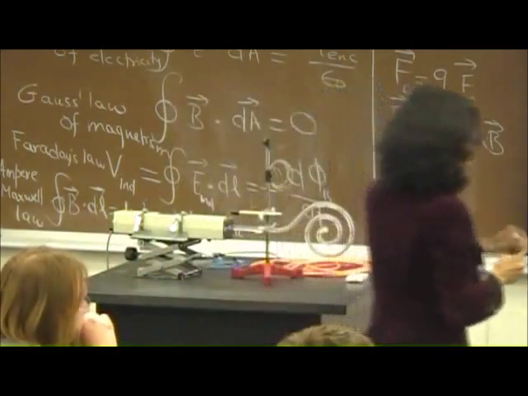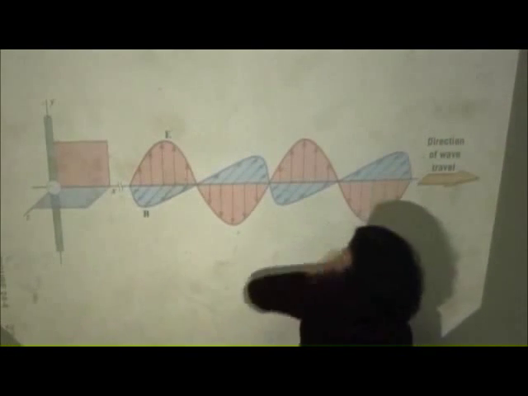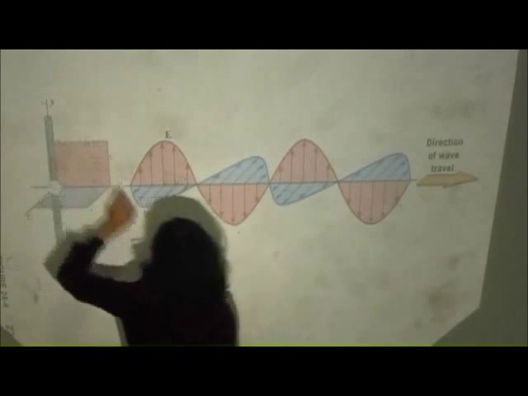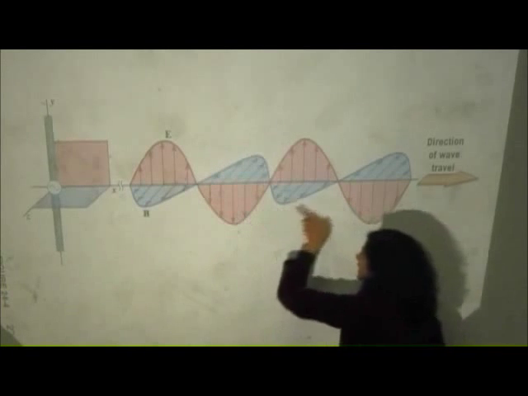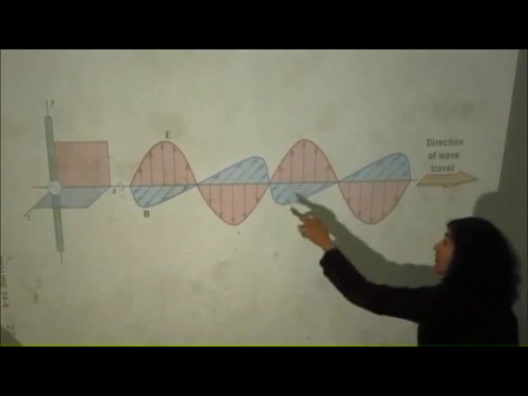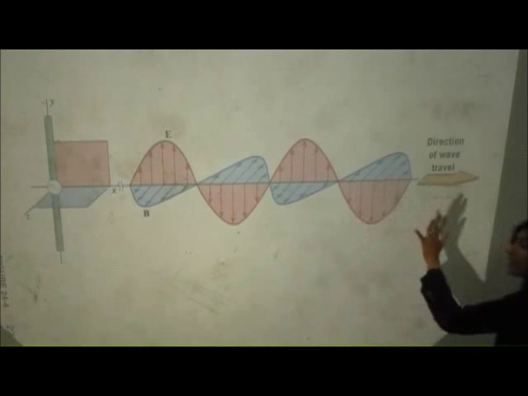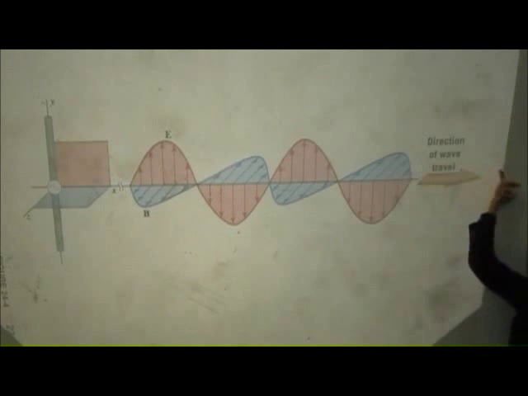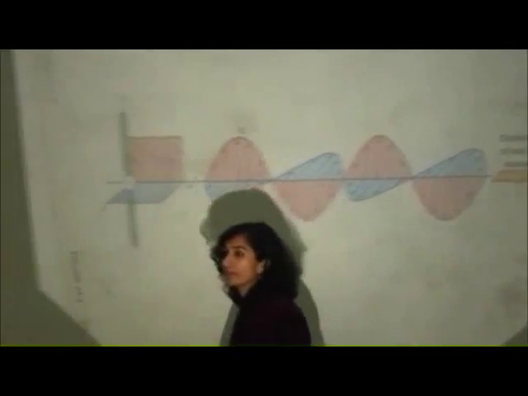Do you see? So for example, if the electric field has its oscillation in the y direction, then let's say the magnetic field will be oscillating in the z direction, which is coming out at you, and the electric field and magnetic field are also perpendicular to the direction in which the electromagnetic wave is moving.